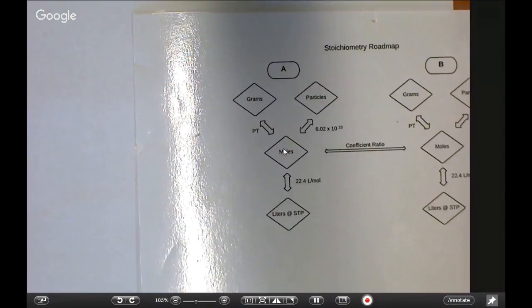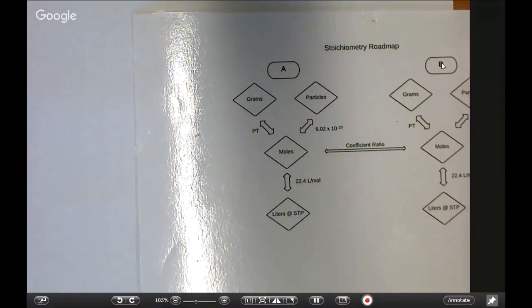And then recently we said, well, what if I have moles of one substance in a balanced equation, and I want to find moles of a different substance in that equation? And the way we go about it is this mole ratio or coefficient ratio, which helps to bridge the gap between side A and side B. Now, A and B can be any of the reagents used in a chemical equation.